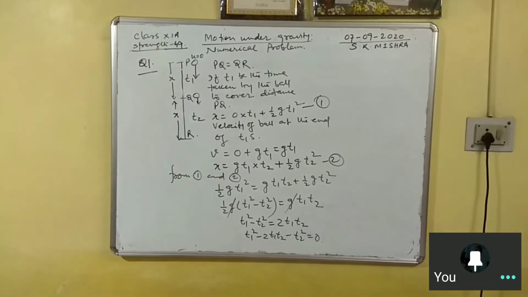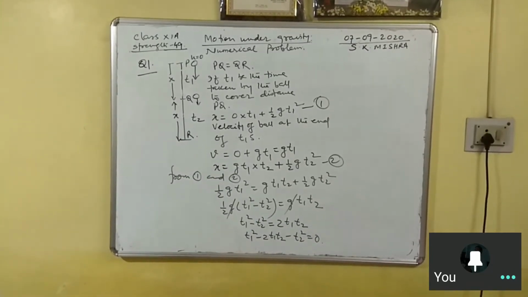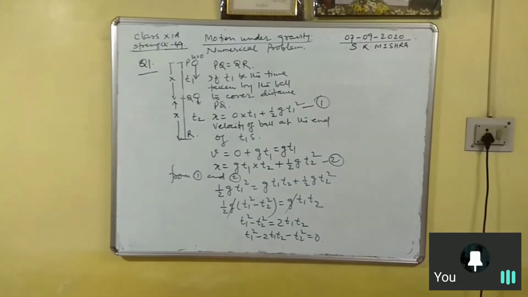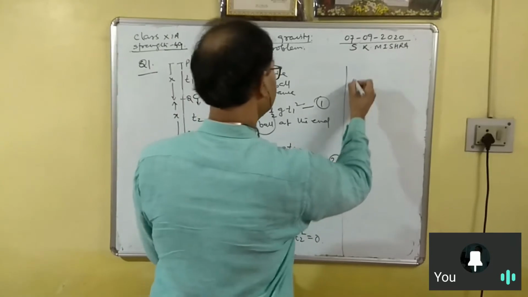So can anybody find it? Tell me. So this is your equation. How will you find T1 by T2? That ratio you have to find. Is there any other way to find it? So this is T1.